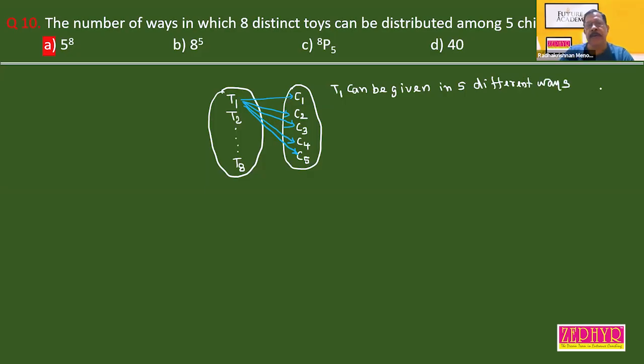T2 also can be given in 5 different ways, and so on. T8 also can be given in 5 different ways.